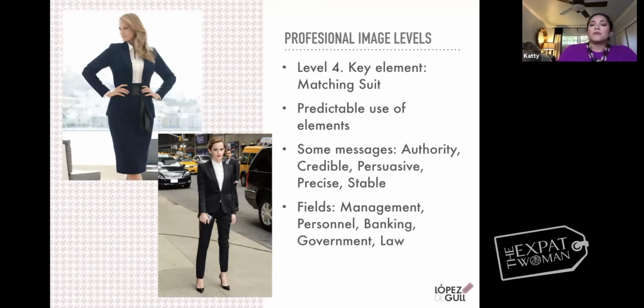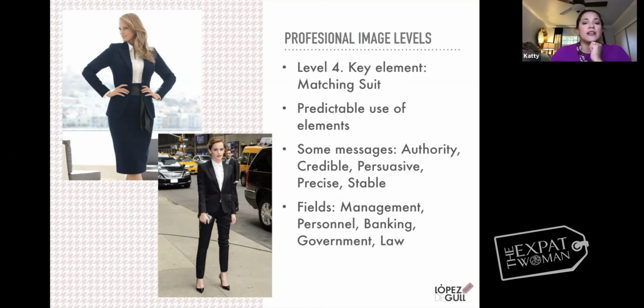So here, the professional image levels: the highest level is level 4, in which the key element is the matching suit. As you can see, it has to be a suit with a jacket and a skirt, or a jacket and pants that are made from the exact same fabric. It's a matching suit.